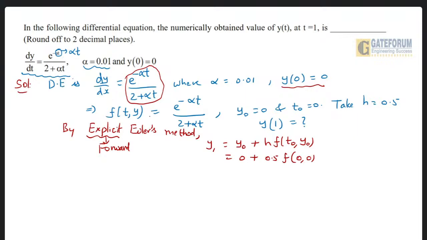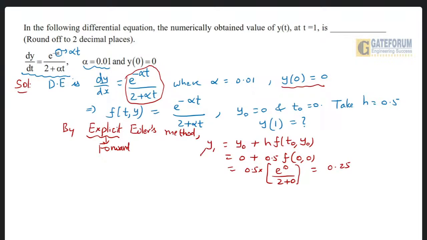How do you find f(0, 0)? In this function of t and y, put t0 and y0. So this is 0.5 into e^0 divided by 2 + 0, so 1 by 2 is 0.5, and 0.5 into 0.5 gives 0.25. This is the y1 value.